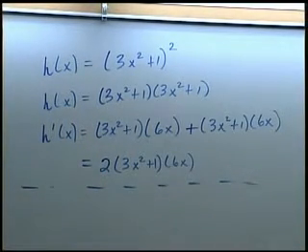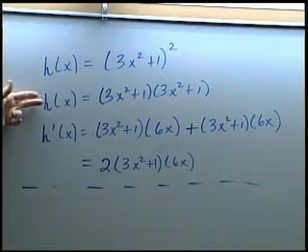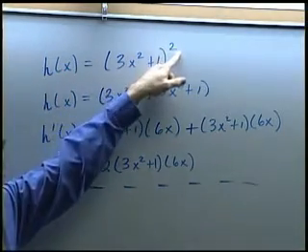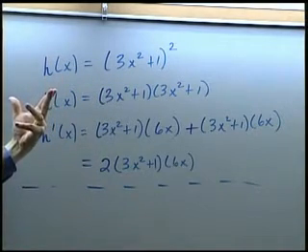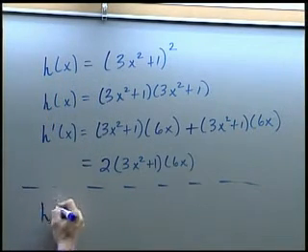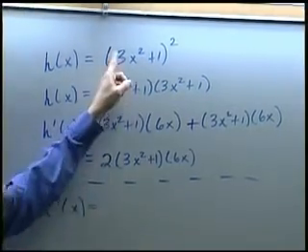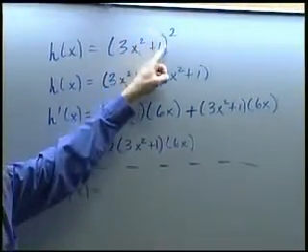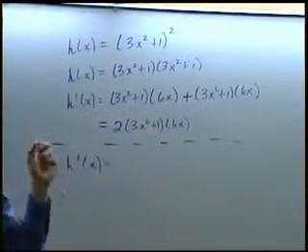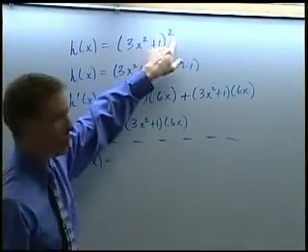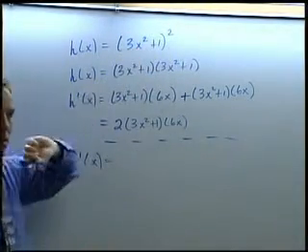Now, what if we don't want to actually have to do the product rule each time? What if we want to leave the function in its squared form and try to take the derivative? Well, let's take a look. What if on the inside here, this was just an x? What is the derivative of something squared, or x squared?